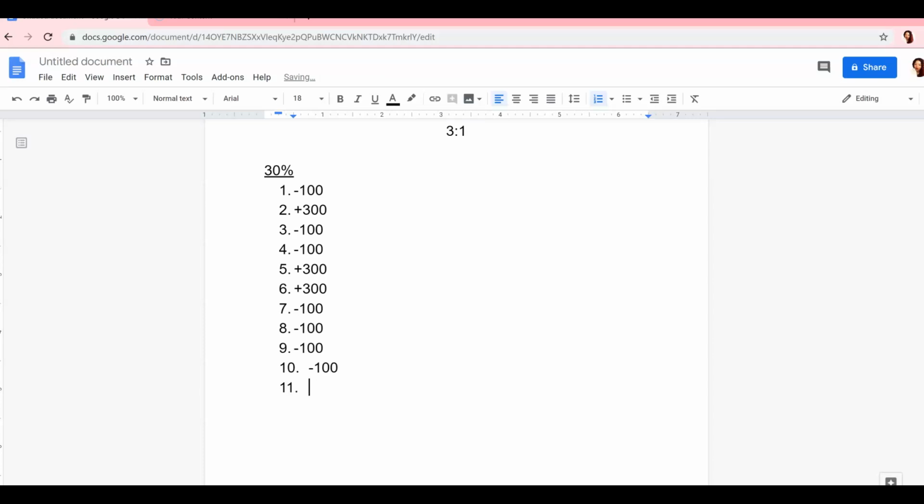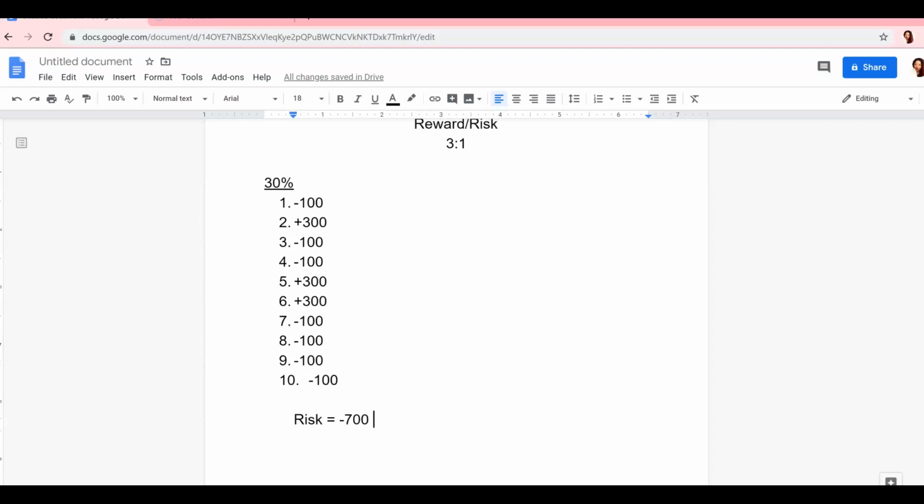So let's see, out of all these losses, what are our wins and how much did we lose? When we calculated, we lost 1, 2, 3, 4, 5, 6, 700. So we're down $700. But how much is our reward from this ratio?